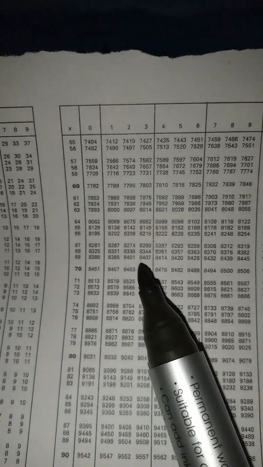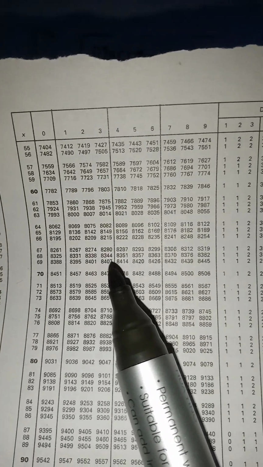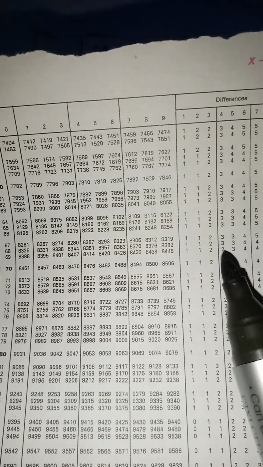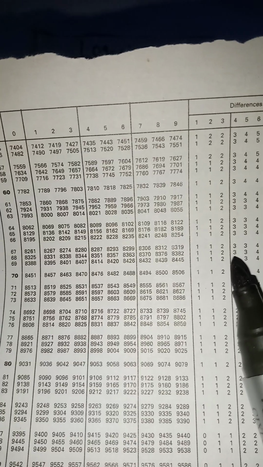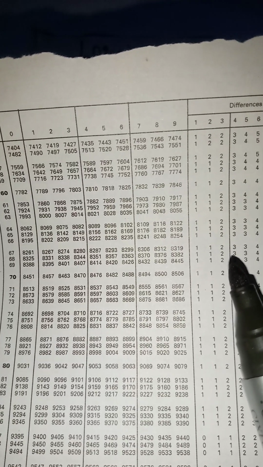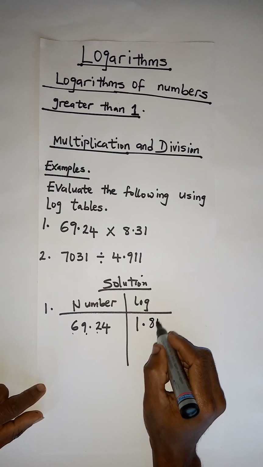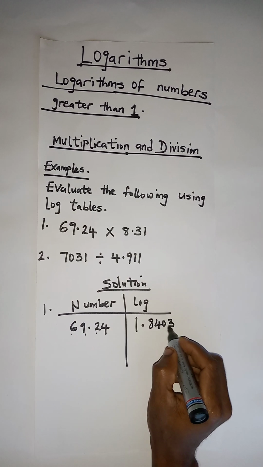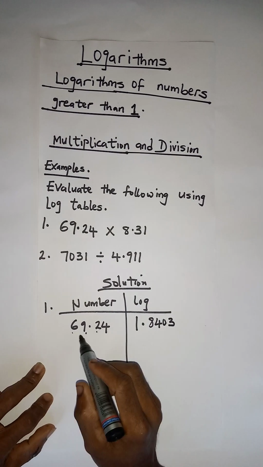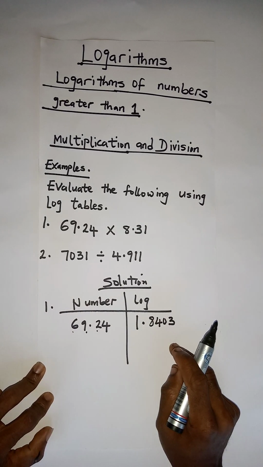All right, difference 4. 69 under 2 difference 4 is 2, and the difference will be added to the logarithm, and when we do that, we're going to have 8403. Take note of that. The logarithm we have is 8403. Remember, the logarithm of 69 under 2 difference 4 gives this value.